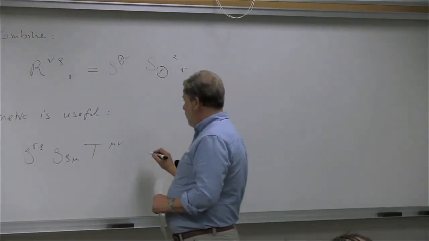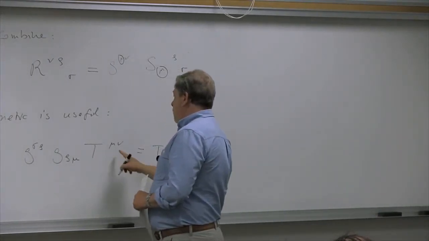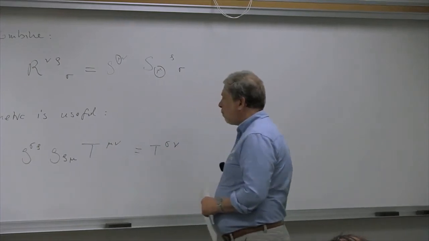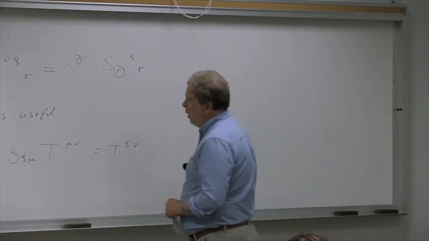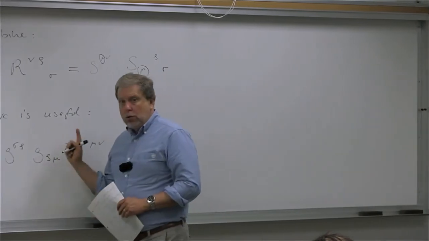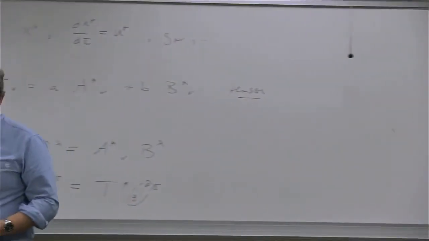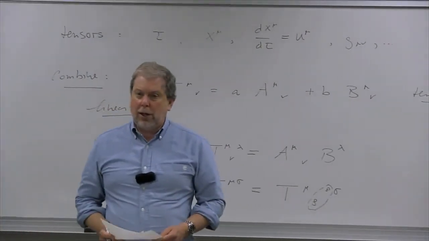And so this is equal to T sigma nu. So the metric can be used to lower and raise indices, and if you raise and lower sufficiently many times, then you get back to what you started with, right?